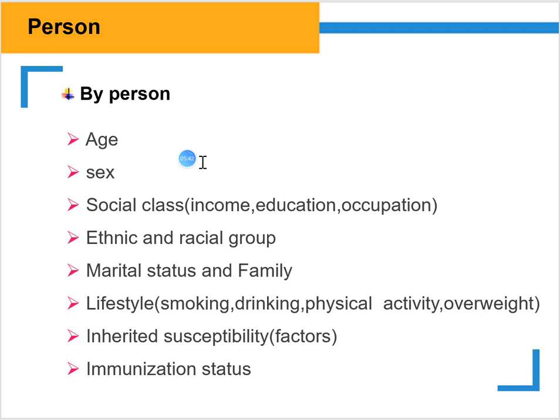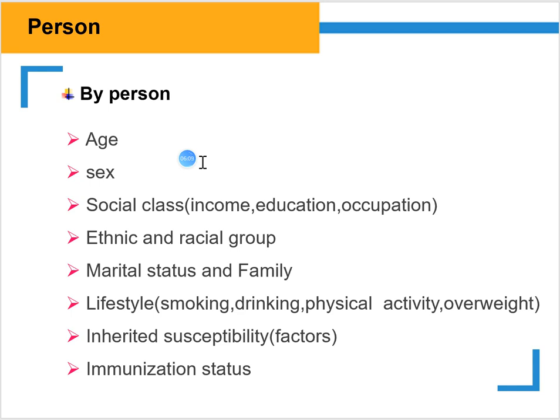Distribution of disease by person. Age, sex, risk group, education, occupation, socioeconomic status, marital status, immunization status, and some lifestyle or behavior habits are common variables used to describe the distribution of disease.